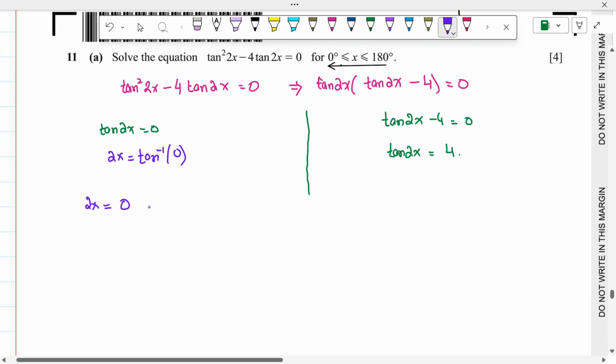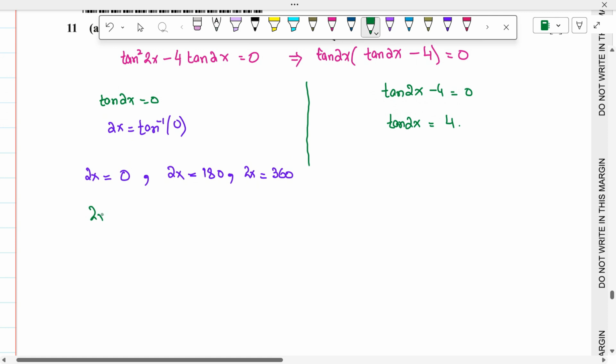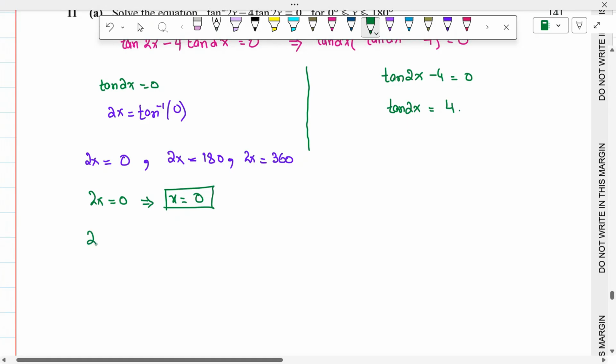So we can say that we have three angles: 2x is equal to 0, 2x is equal to 180, and then 2x is equal to 360. For these three values, tangent is equal to 0. So 2x equal to 0 means x is equal to 0. Similarly, 2x equal to 180 means x is equal to 90.